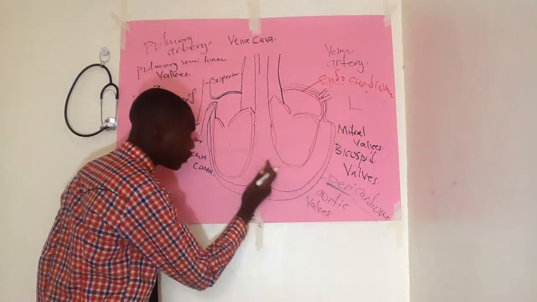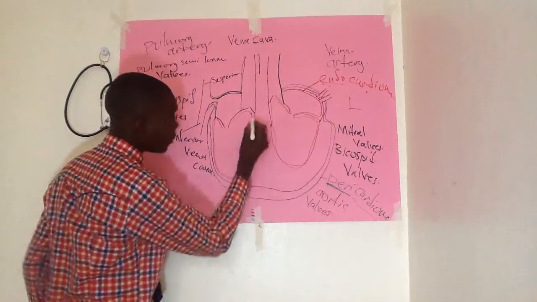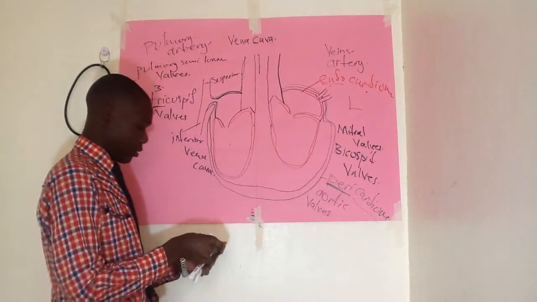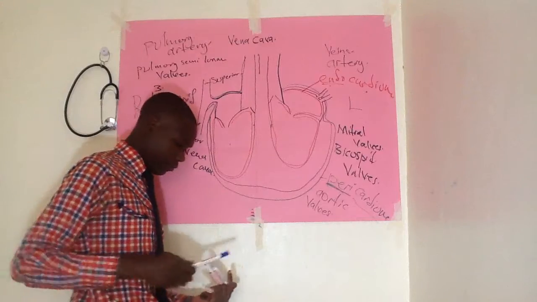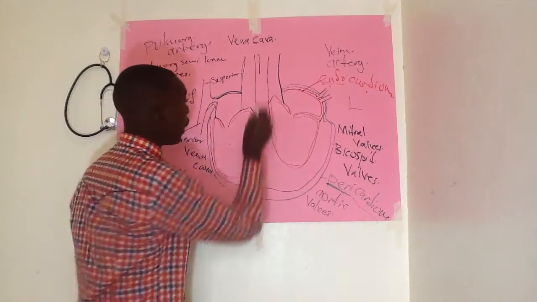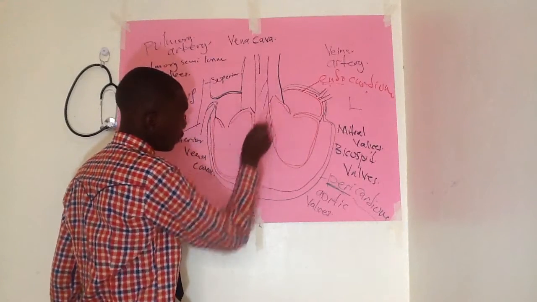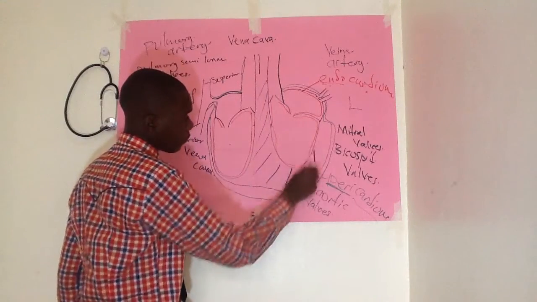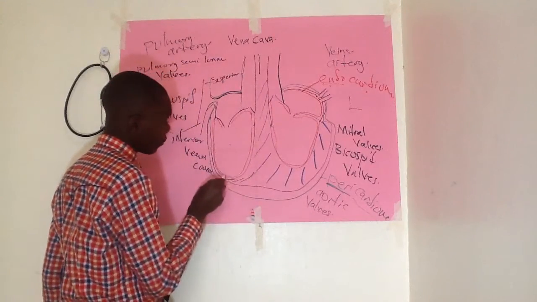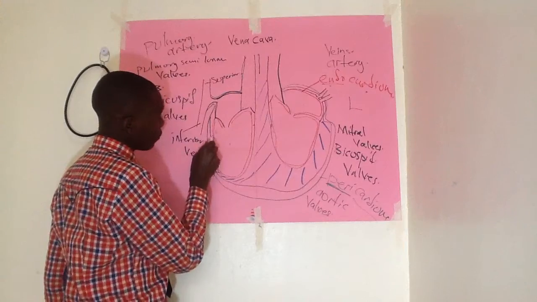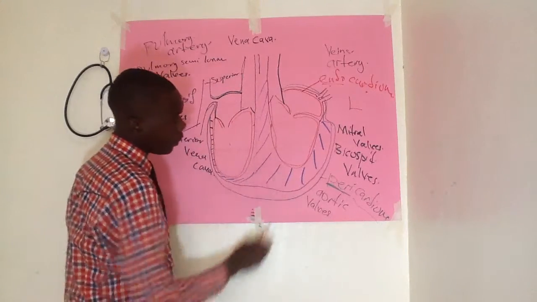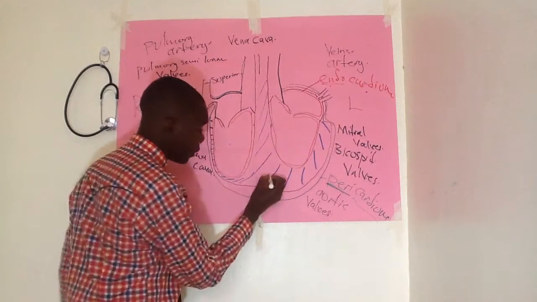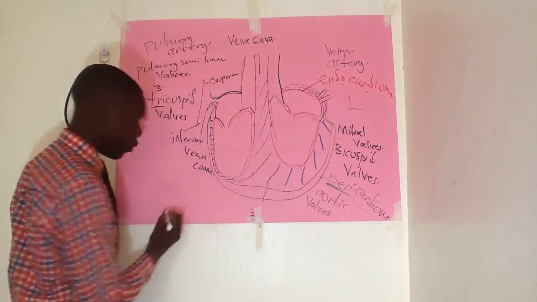This muscle, the muscular part of the heart, the inside part, we can shade it blue. This muscle here is known as myocardium.